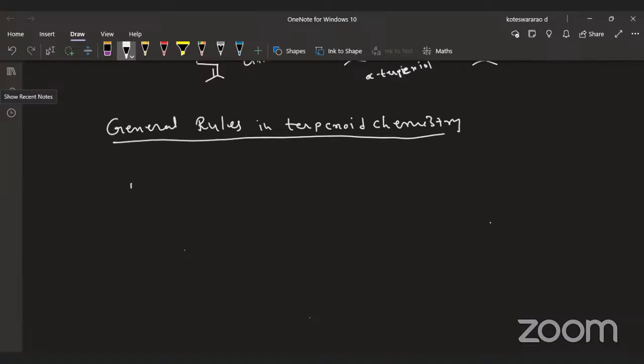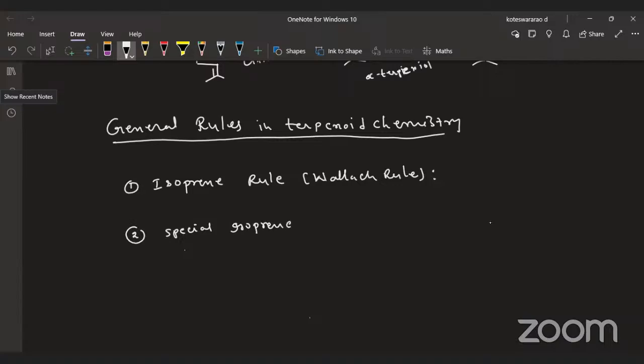The first rule is the isopropyl rule, which we already discussed previously. I'm skipping it now. Next, the second rule is the isoprene rule, the special isoprene rule. What is that?